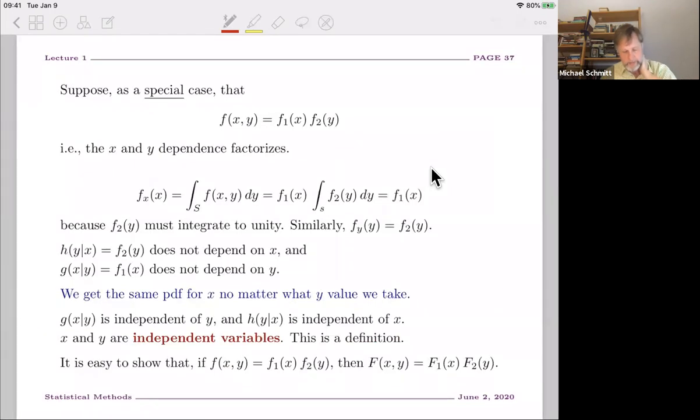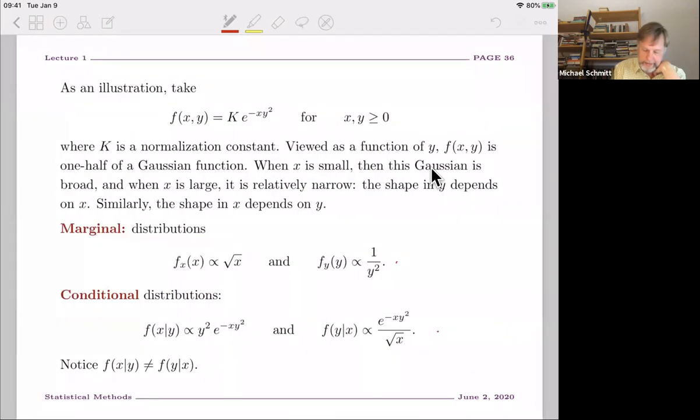Okay, so now suppose as a special case, we have that this two-dimensional PDF can be written as a product of two functions, one that is purely a function of X and one that is purely a function of Y. So that the X and Y dependence of our PDF factorizes, right? That is not the case in this example I skipped over.